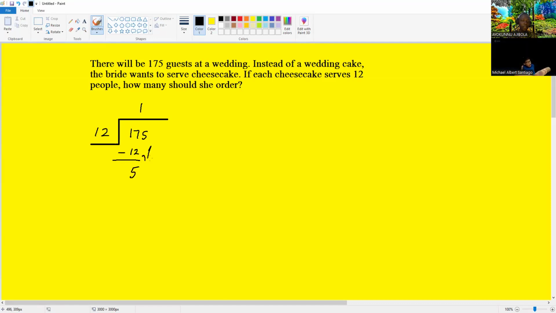Then we bring down the next digit, which is 5. So Miggy, how many 12s can I see in 55?